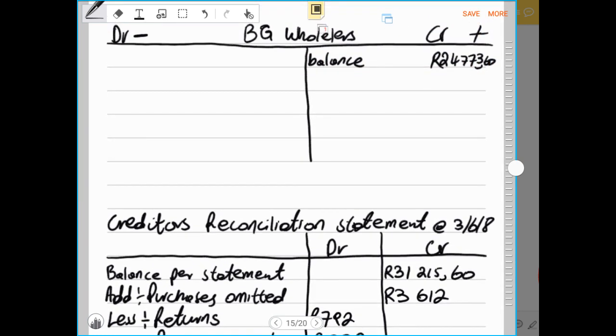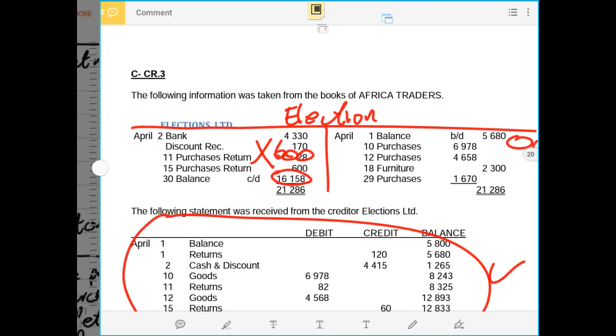So now we have to record the discount received for an amount of 600, meaning reducing our creditors, meaning our liabilities, people that we bought inventory on credit from. So now we have recorded that discount on the debit side.